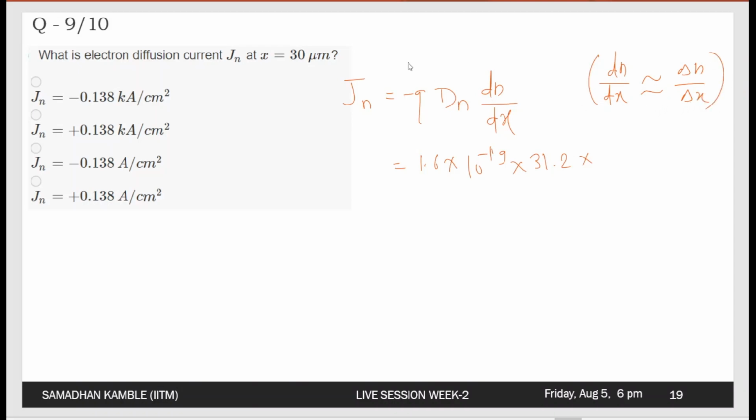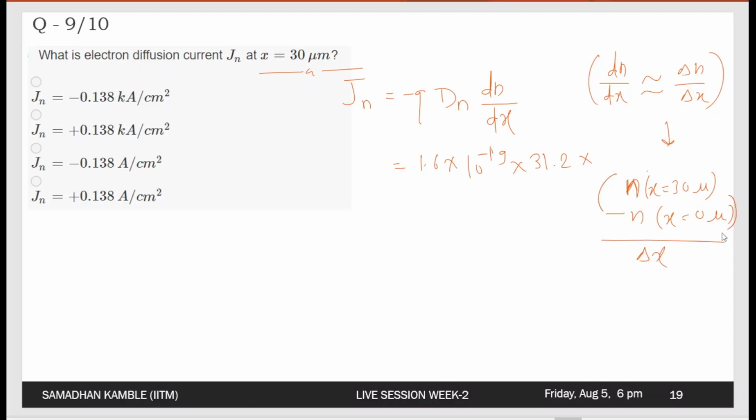At 30 micron, that is n at x equal to 30 micron minus n at x equal to 0 micron, divided by x, that is our change in x, delta x.